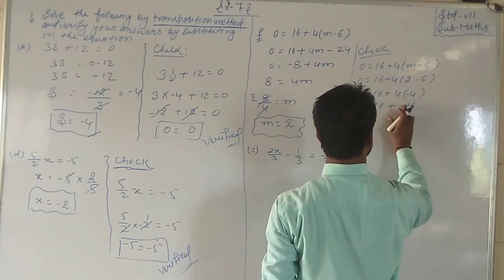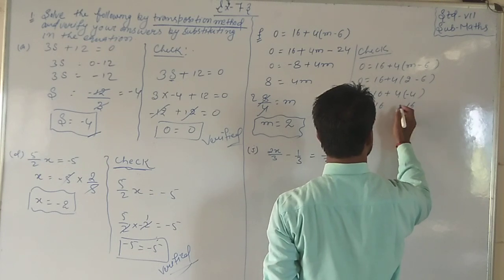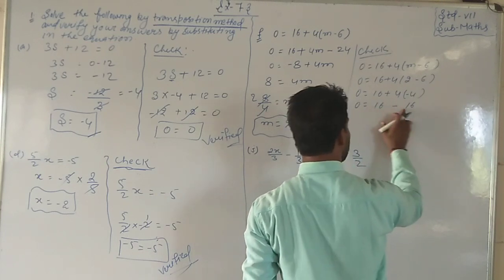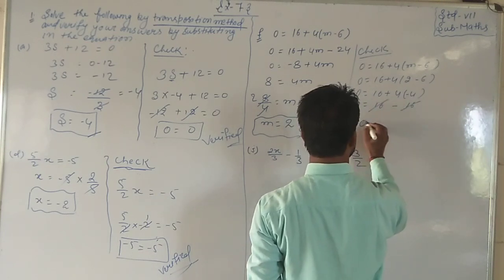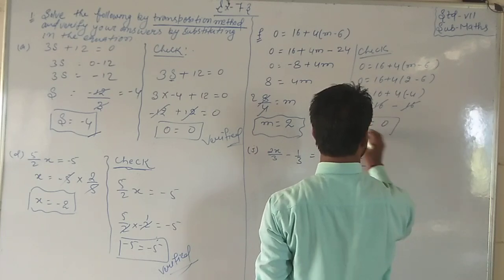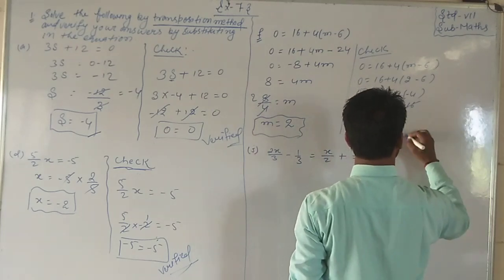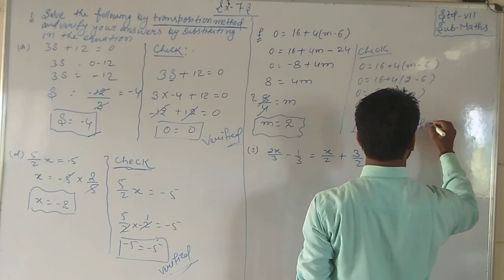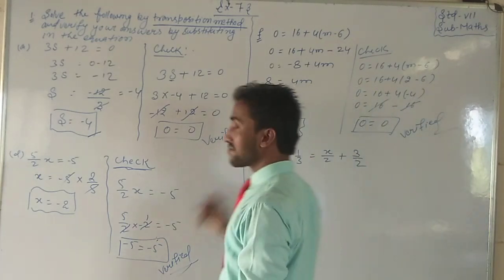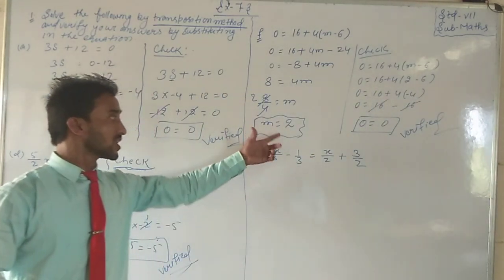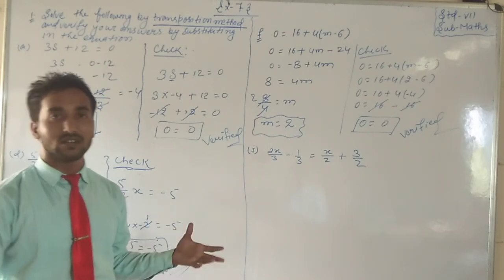Students, see, plus and minus cancel. 0 is equal to 0. Students, we can say this equation is also satisfied. The answer we found, m is equal to 2, is the right answer.